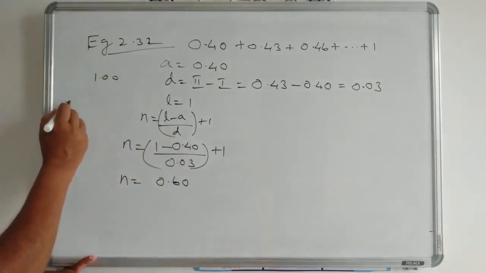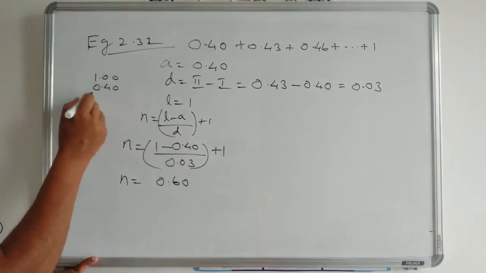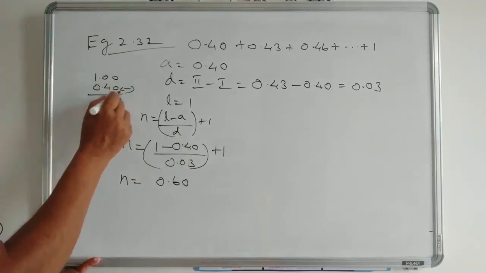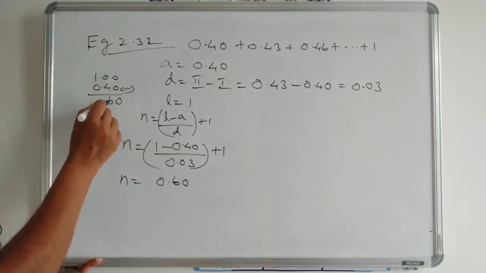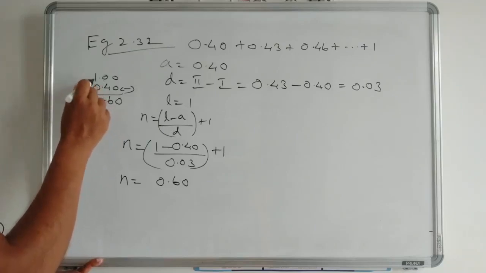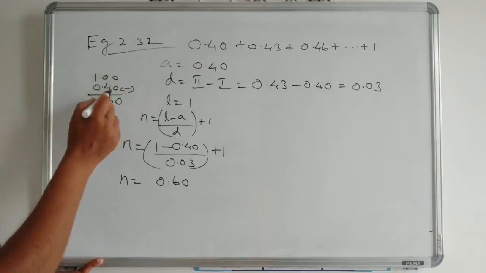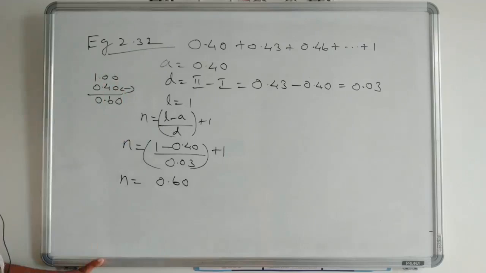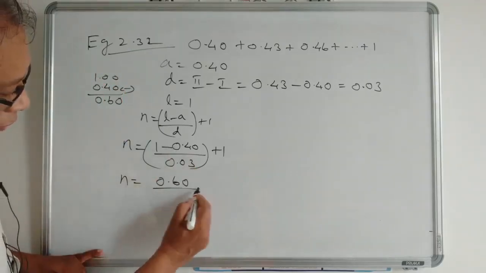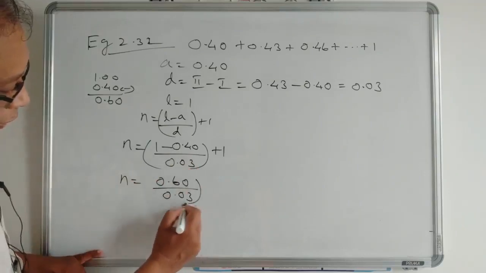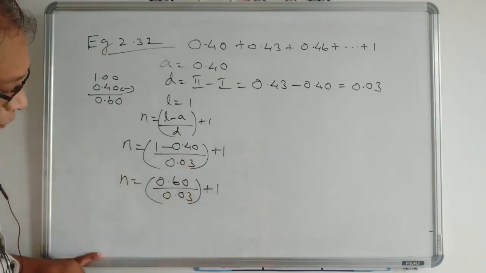You see, 1.00 minus 0.60, we get 0.60. Therefore n equal to 0.60 divided by 0.03 plus 1.